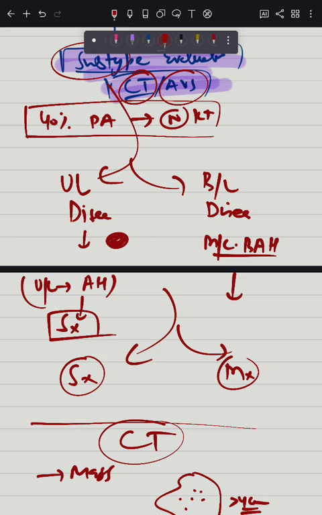So you have to test that also, because surgical management or medical management and finding the mass are all interlinked.